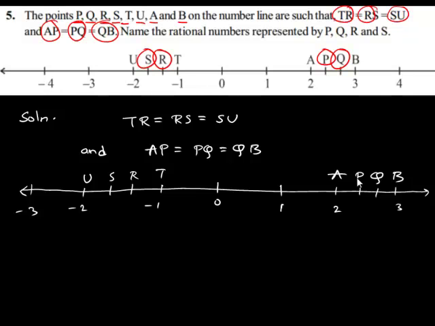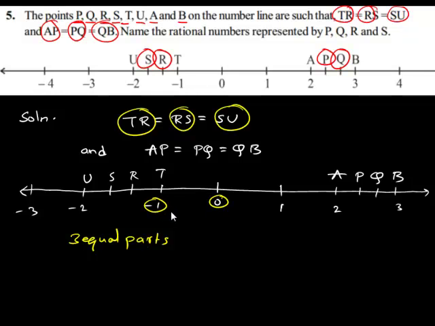Now as it is given that TR is equal to RS is equal to SU, we can say that the unit length between -1 and -2 is divided into 3 equal parts. So let us divide the unit length between 0 and -1 into 3 equal parts.